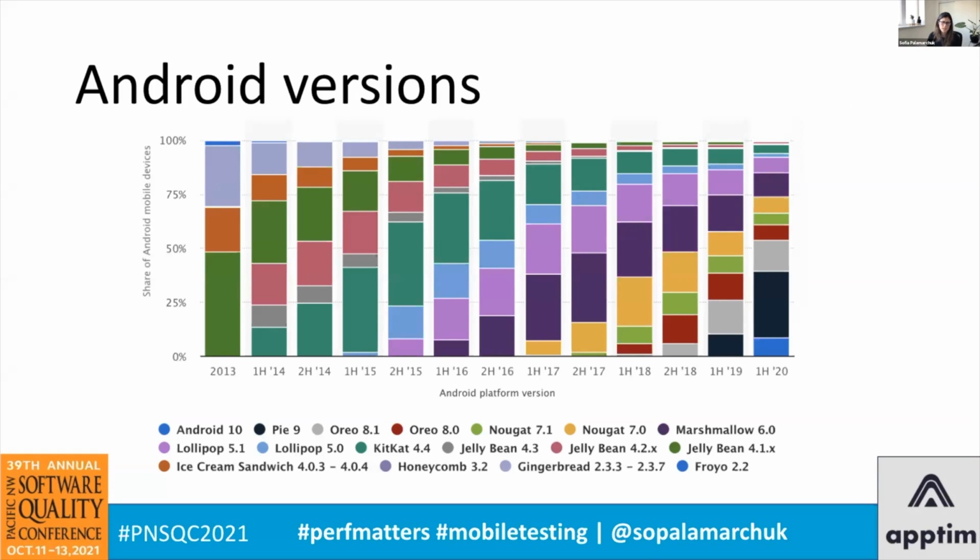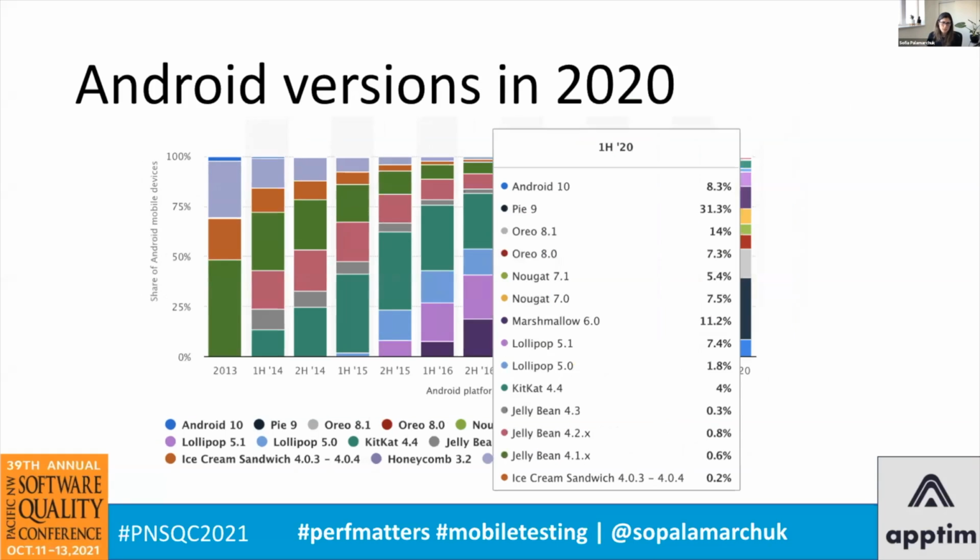You can see here that if we take a closer look at last year, 2020, if we want to cover, let's say, 70% of the Android market with our tests, we will need to use at least 6 different OS versions of Android. And this, of course, is a problem that keeps increasing with every year's new releases, not only of OSs, but also of devices.